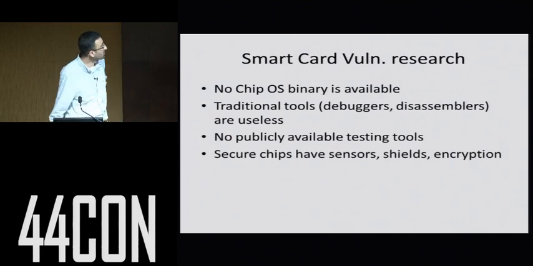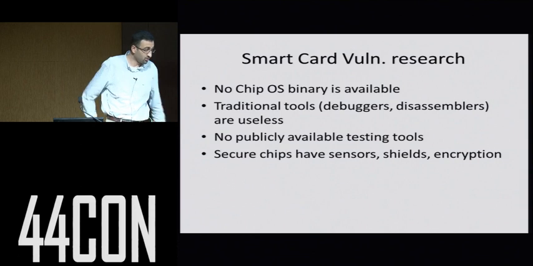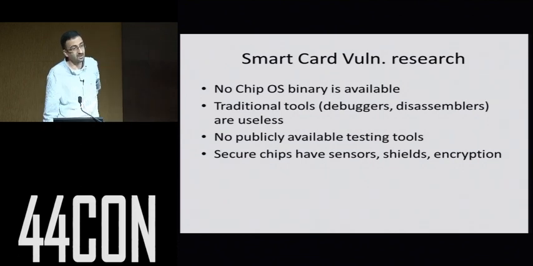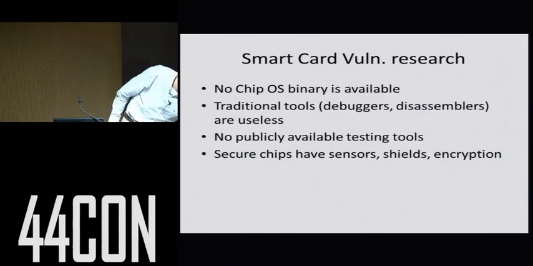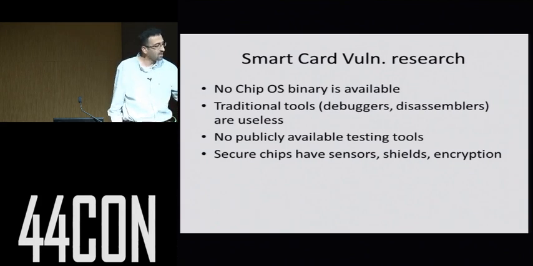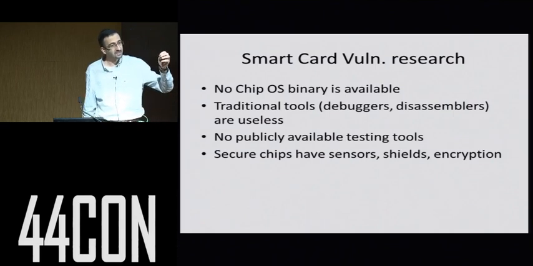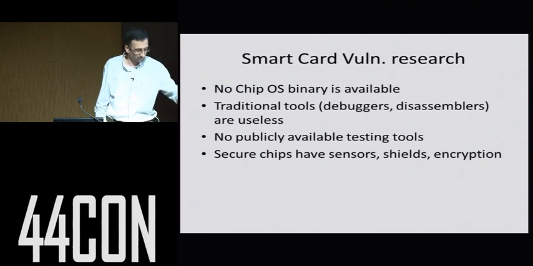And the most important thing is that these chips are designed to be resistant against hardware attacks. So they have sensors, lots of sensors. This is the chip. If you wash this PVC with acetone, you can get the chip. So you see it is a black chip, and certainly it has light sensors because of this color.